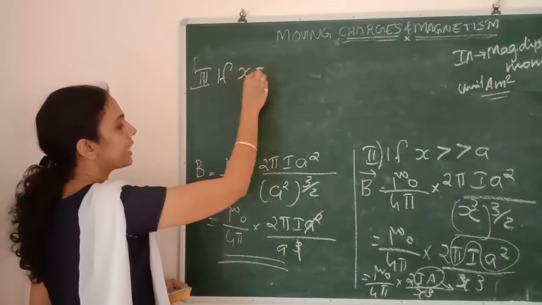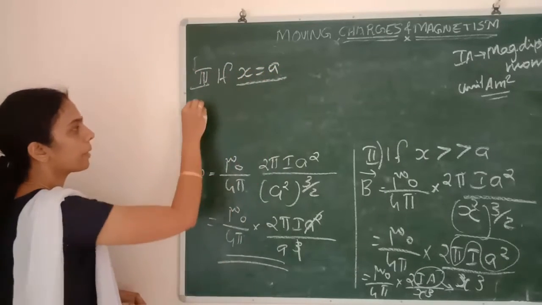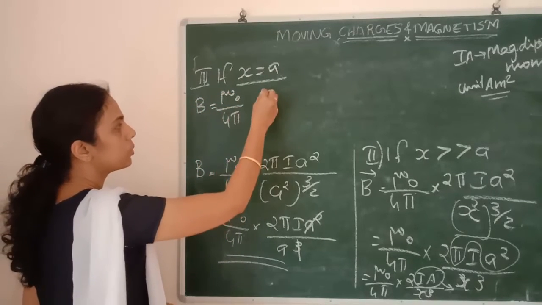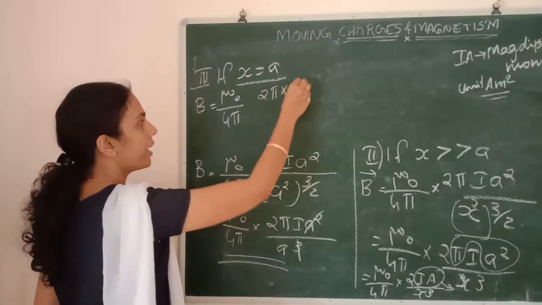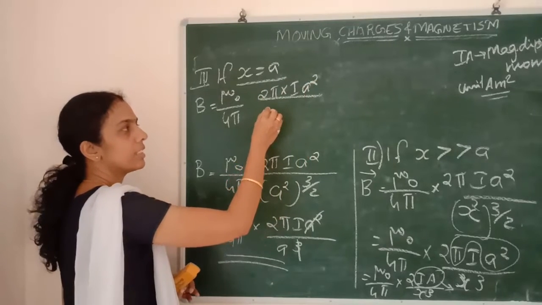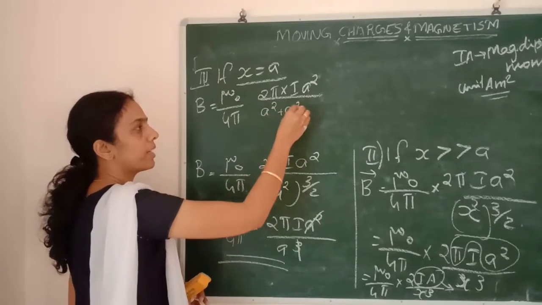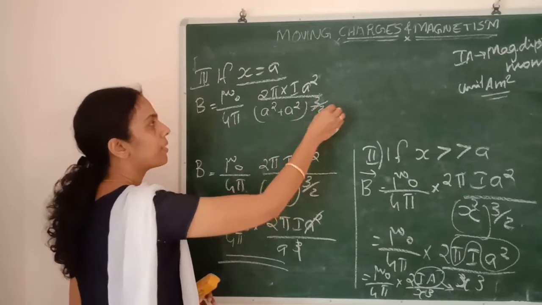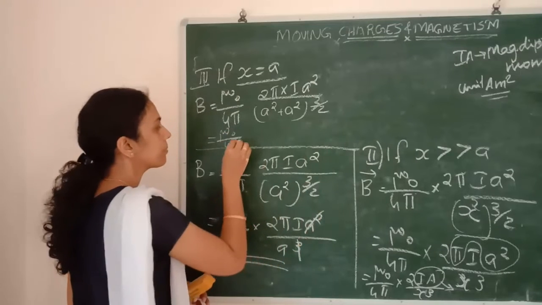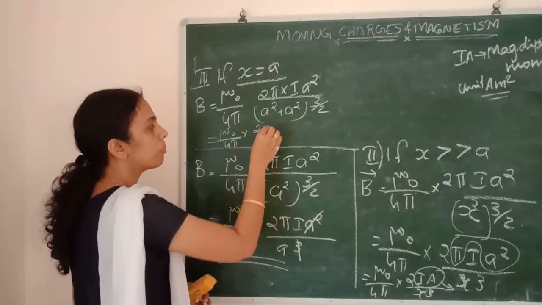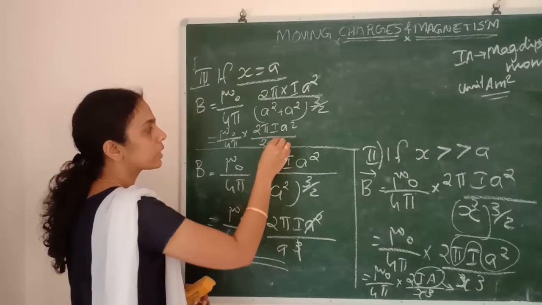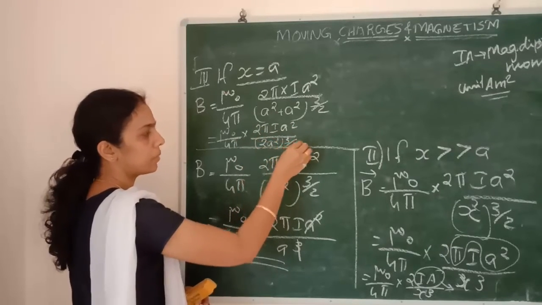So next is the third one. If x is equal to a, what will happen? B equals mu 0 divided by 4 pi into 2 pi I a square divided by a square plus x square, isn't it? So a square plus a square the whole power 3 by 2. So you will get mu 0 by 4 pi into 2 pi I a square divided by 2 a square the whole power 3 by 2.